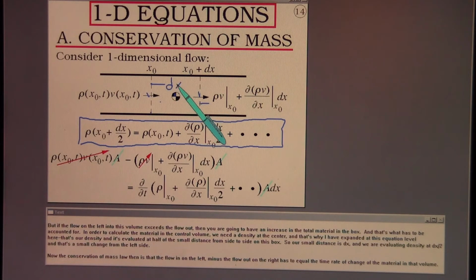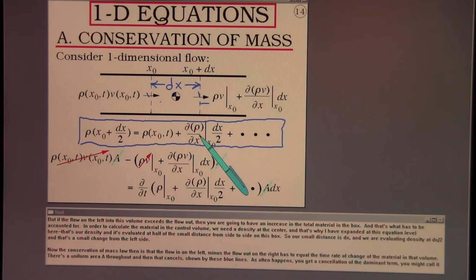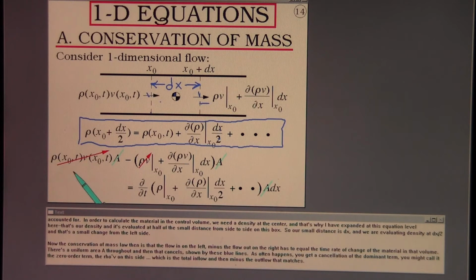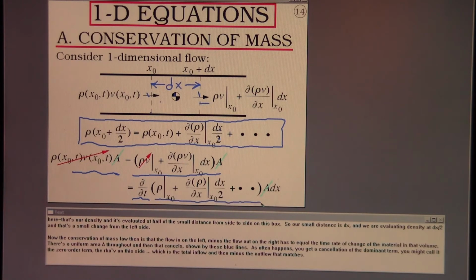So our small distance is dx, and we're evaluating density at dx over 2, and that's a small change from the left side. Now the conservation of mass law then is that the flow in on the left minus the flow out on the right has to equal the time rate of change of the material in the volume.